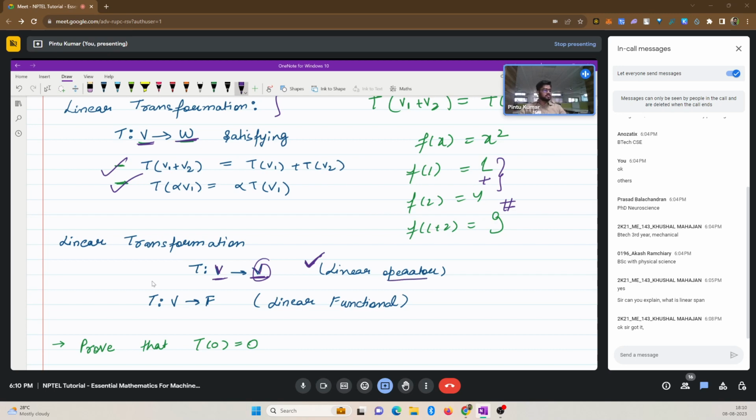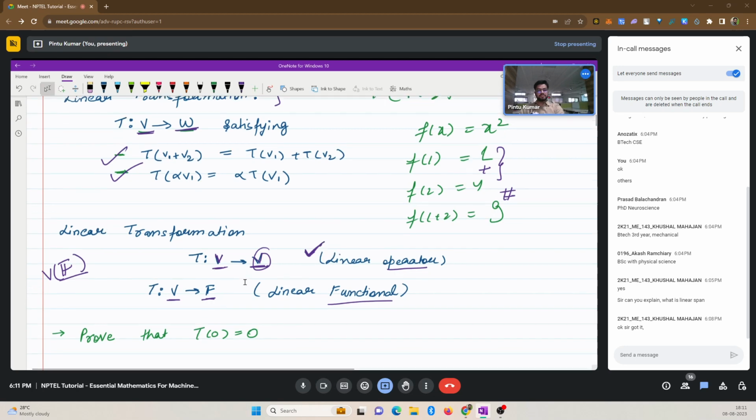This is just a fancy term. Now, let's say your vector space V was over some field F, and if your linear transformation is from your vector space V to that particular field F, then that kind of linear transformation is called a linear functional. These are just some basic definitions.